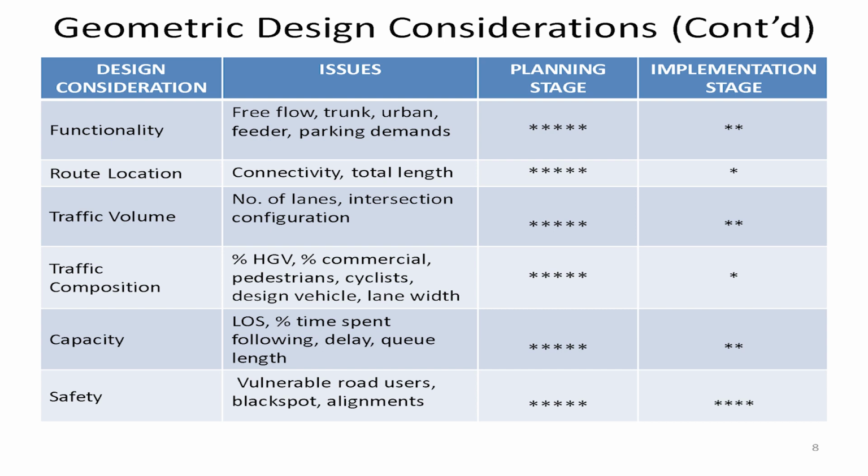Traffic volume is the next design consideration. For traffic volume, we are looking at issues like the number of lanes, intersection configuration. At the planning stage, we devote a lot of energy to that, but still at the implementation stage, we are reviewing what we have done to ensure that we meet the objectives.